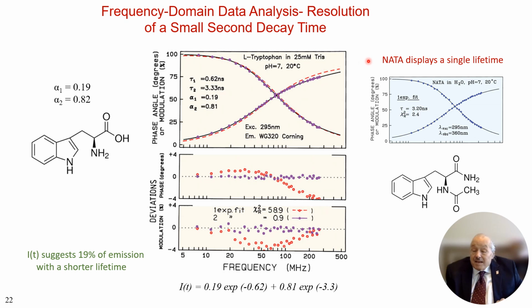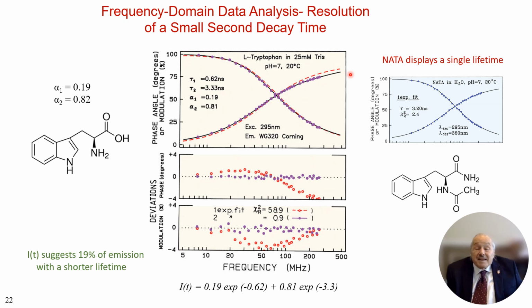So I like to give examples that are a little bit tougher to resolve. And this is the analysis of the time-dependent decay of tryptophan in neutral solution. I'm mentioning this because this was quite a controversy in the biophysical protein fluorescence literature and meetings, because we were trying to correlate the decays of tryptophan with some structural feature of the proteins.